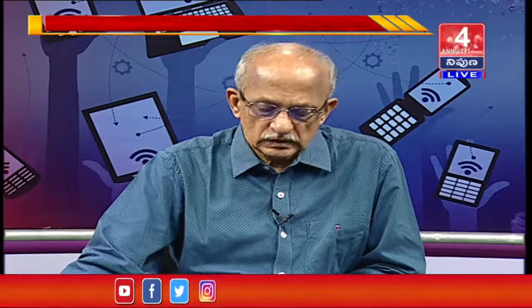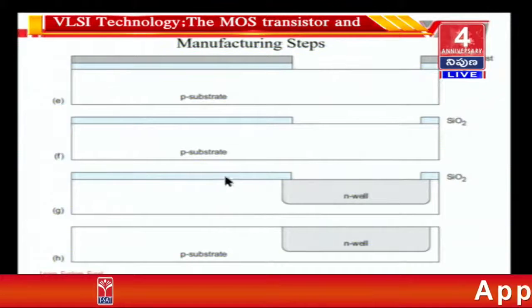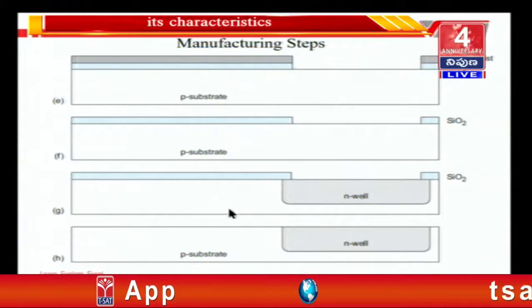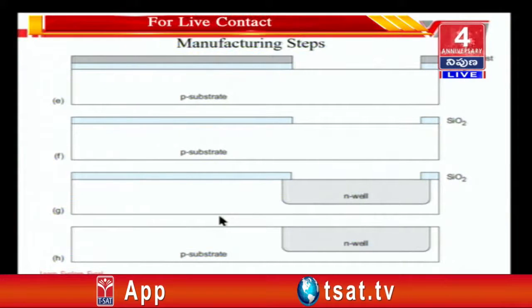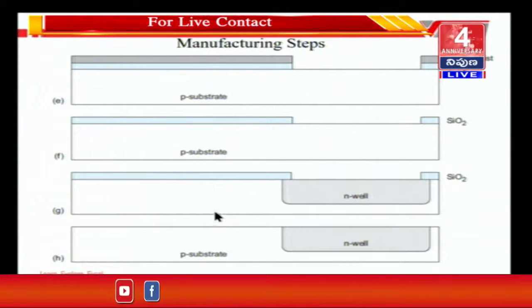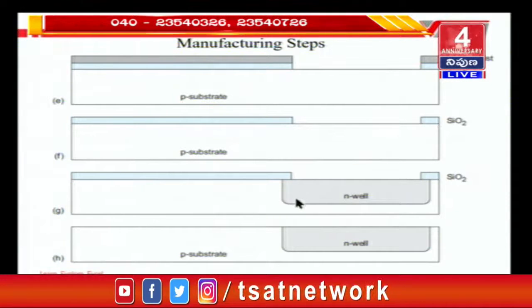Let's move on. So this N-well is dug, and I was mentioning the thickness of this particular wafer, the substrate. This is maybe about 0.4 mm or about 400 microns, and this N-well can be anywhere from 40 to 80 microns typically.